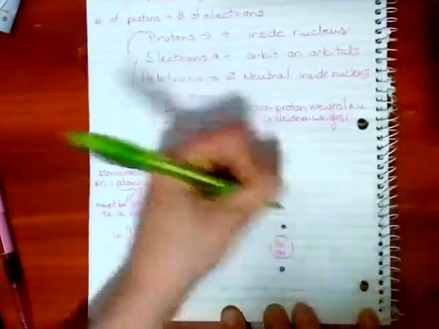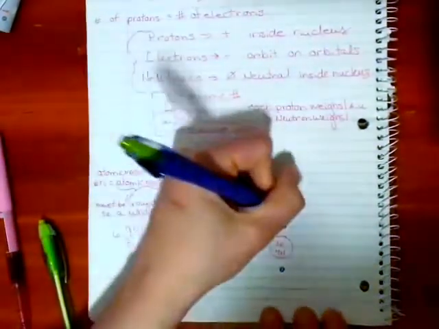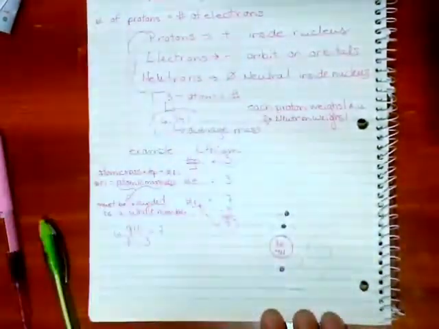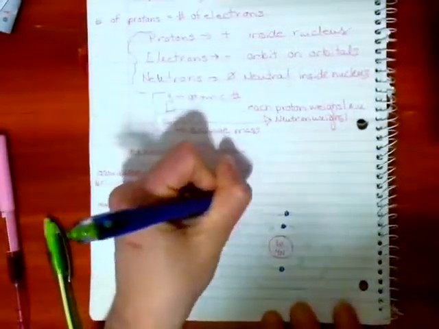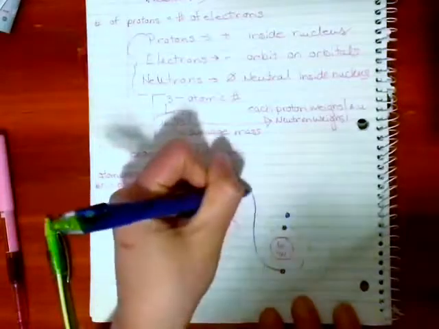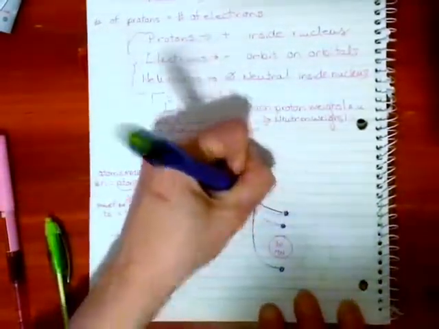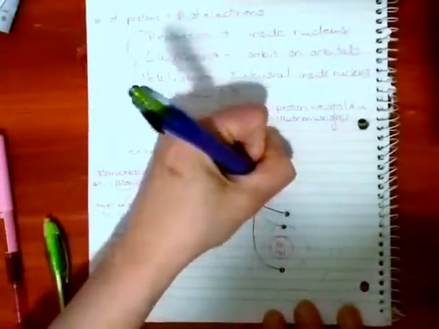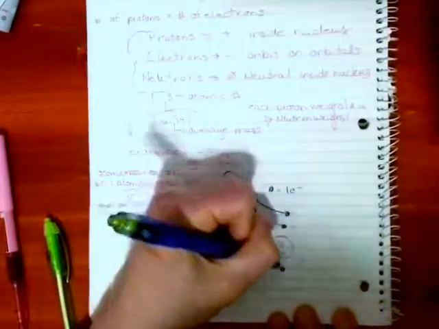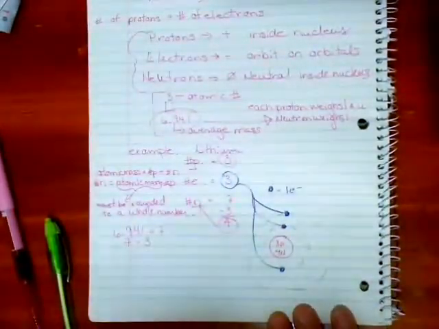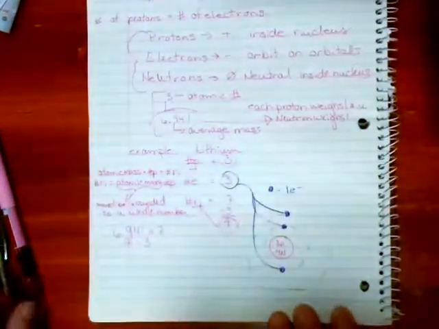Okay, and lithium has 3 electrons total. So now my next electron goes here on this second orbital, okay? So this 3 is now represented by this dot, and this dot. Each of those dots, okay, this equals 1 electron, okay? So there's 1, 2, 3 electrons orbiting. And so this has a maximum of 2, okay?